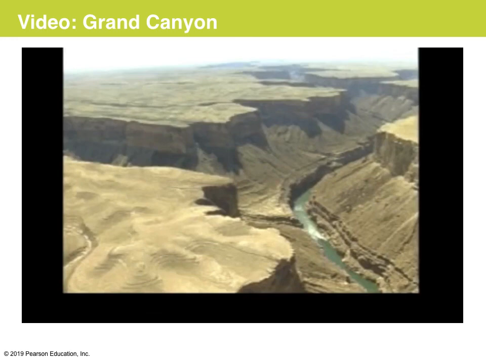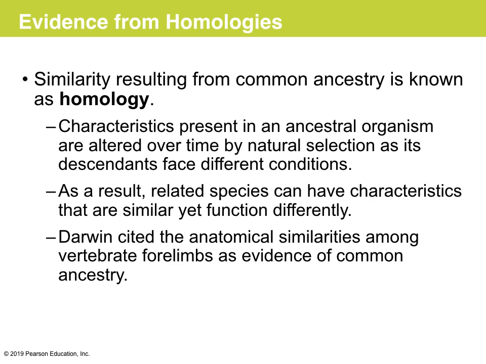Now, you might say, all right, so how do we figure out things are related? Similarity that comes from common ancestry, right, shared ancestors, is known as homology. Again, that prefix homo meaning same. So if you are similar looking to another organism because you are closely related, we refer to this as homology.